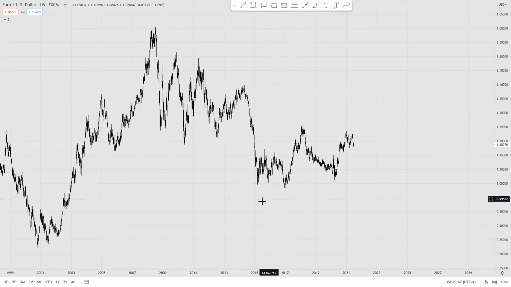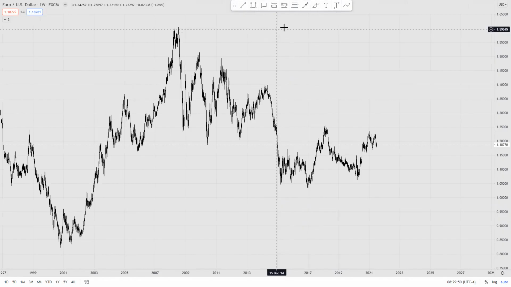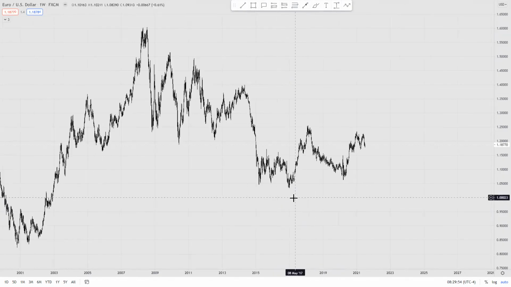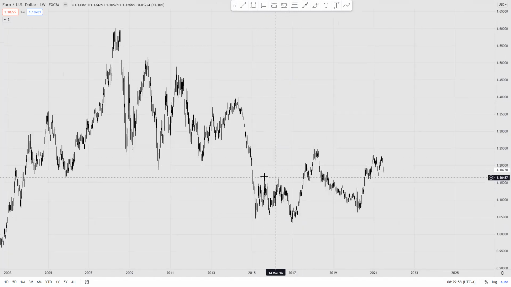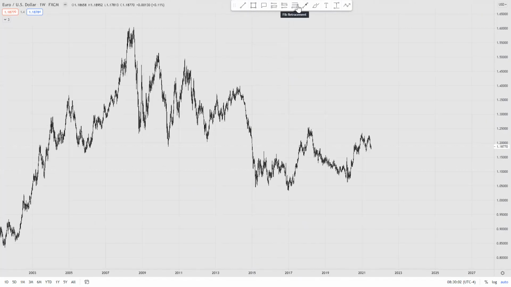So if you're looking at it like this, I can see we broke this, but we didn't break from here. I'll say the range is from here down to here.